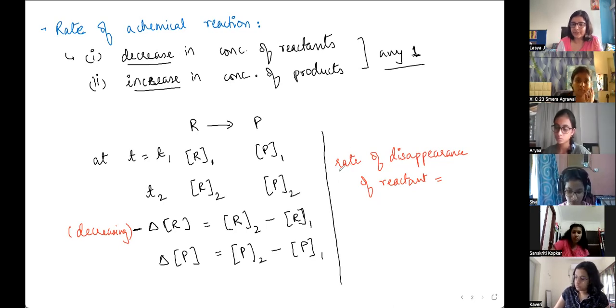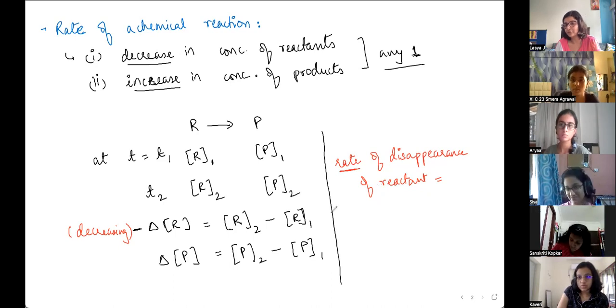So when it comes to rate, how do you calculate the rate of disappearance? Divided by the change divided by the original? No, that won't give the rate, that's the relative change. Whenever we talk about rate, you have come across this concept in physics also, right?